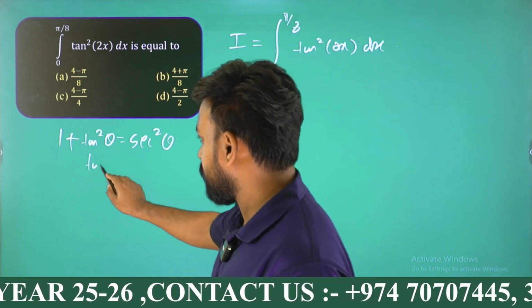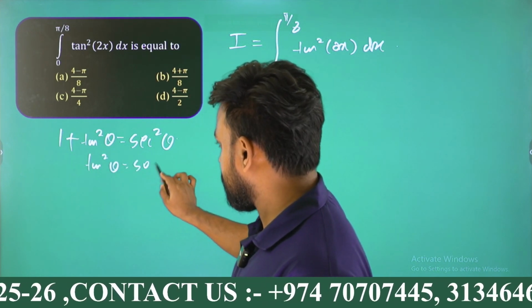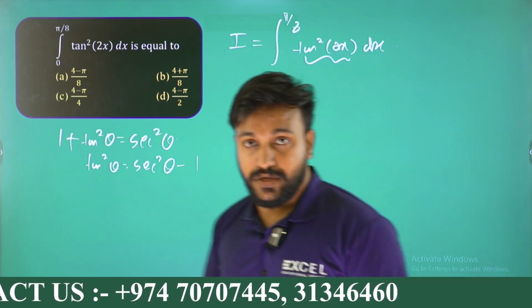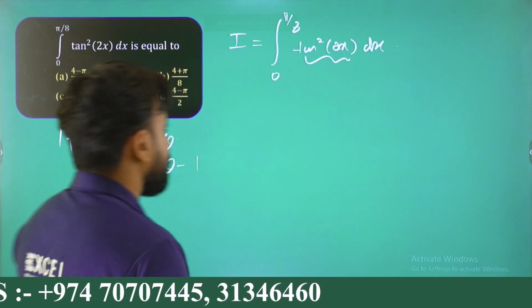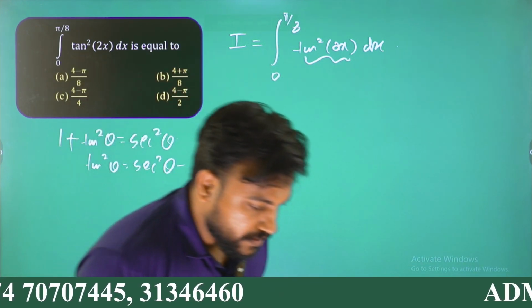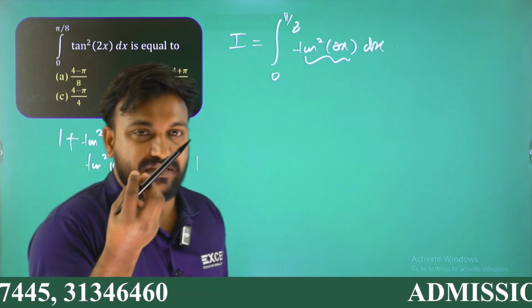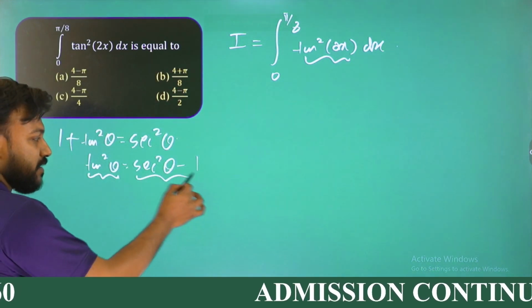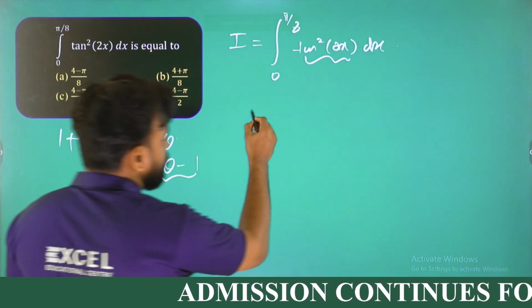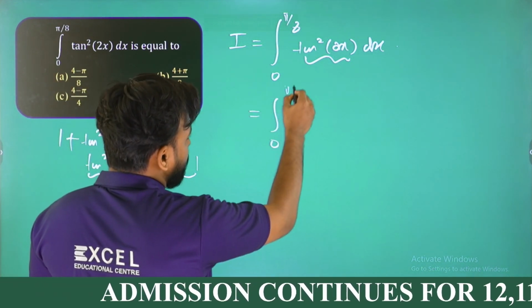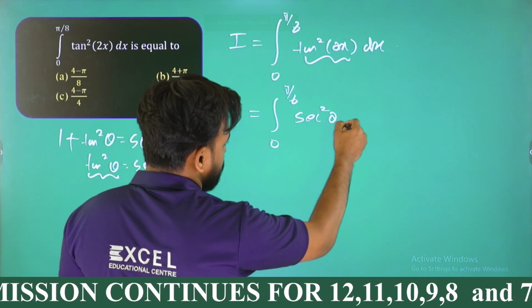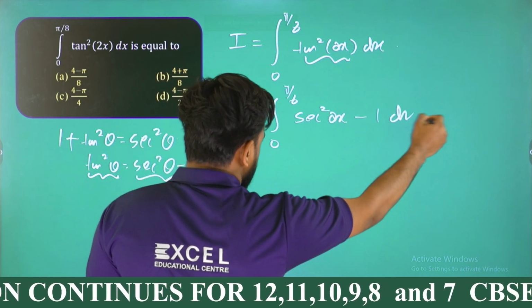So tan square theta will be equal to sec square theta minus 1. We don't know how to integrate tan square 2x directly, but we know how to integrate sec square. So instead of tan square, I can write sec square theta minus 1. So here it is integral from 0 to pi by 8 of sec square 2x minus 1 dx.